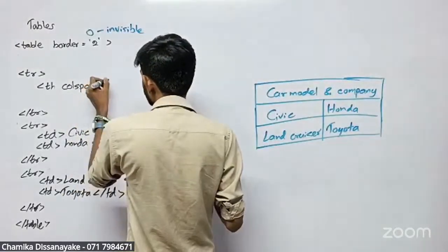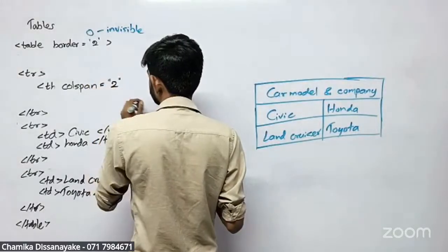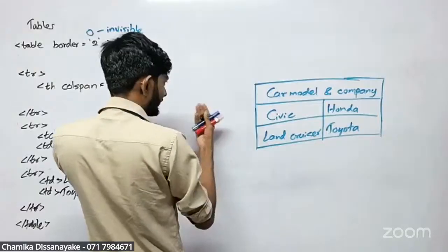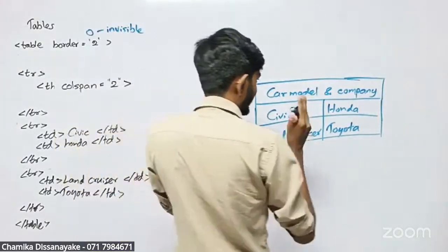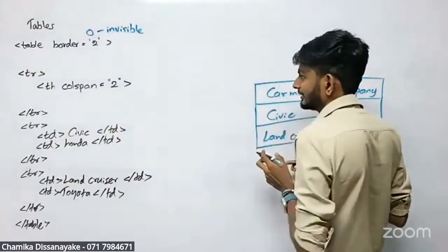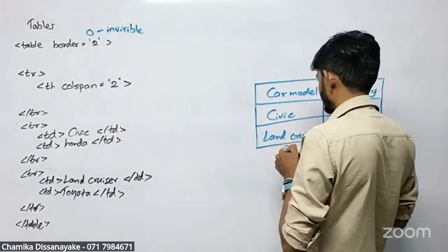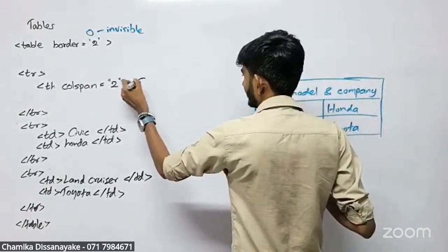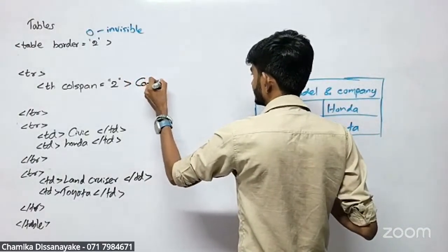How many columns? Two columns. That is the attribute. Then I'm going to write the data, I mean the things inside the cell. Car model.